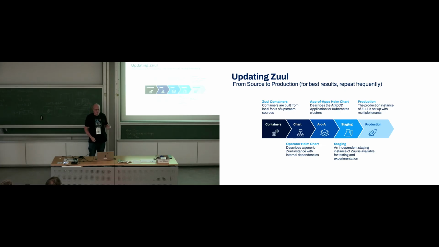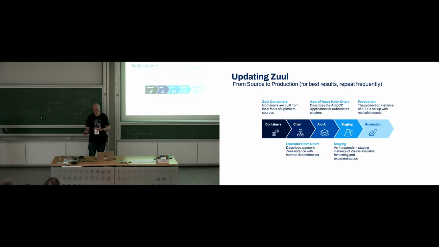So we built Zuul containers from scratch. This is mostly because we live inside an isolated environment. We don't have all the repos available to us in our build system. We build, test, and release them, and then we have a chart that we built, a generic chart that allows us to specify a generic instance of Zuul.